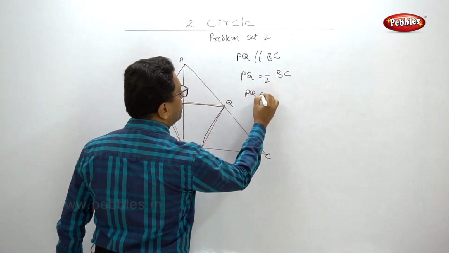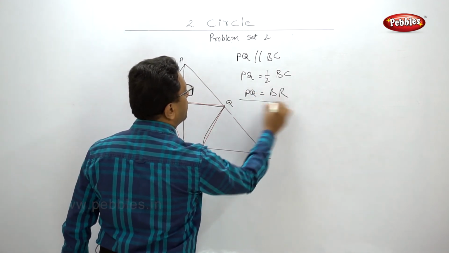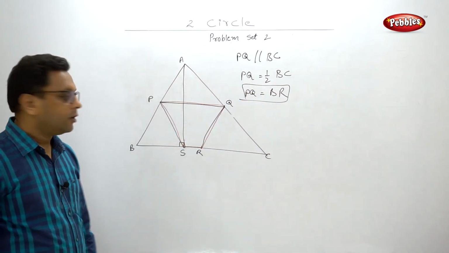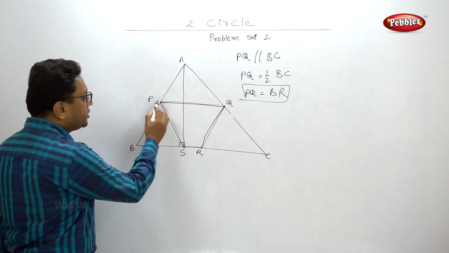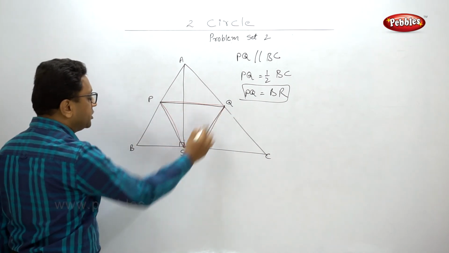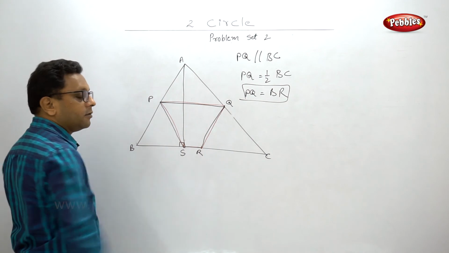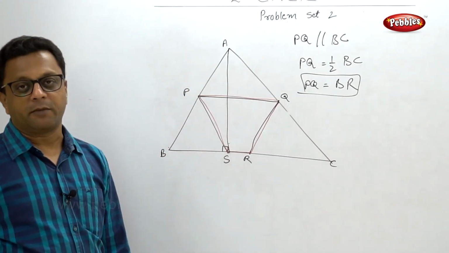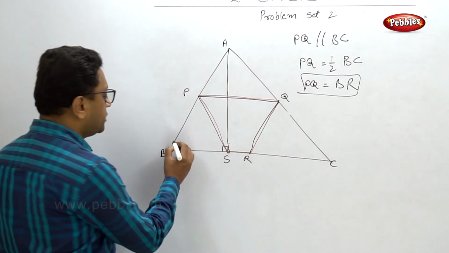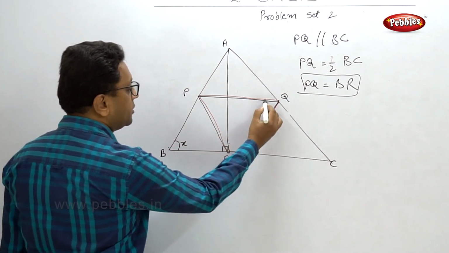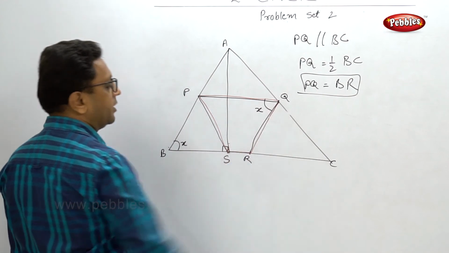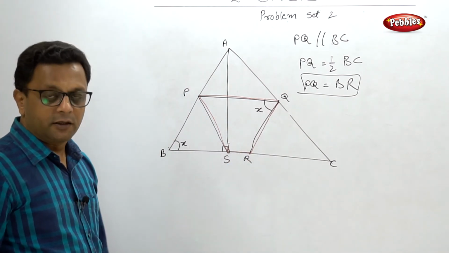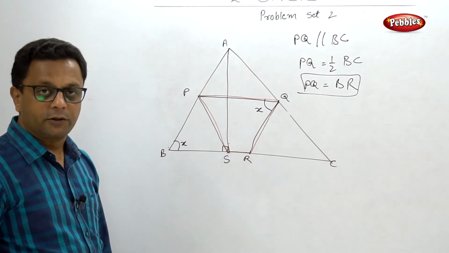So we have PQ is equal to BR. Now this is a parallelogram, opposite sides are parallel. PQRB has become a parallelogram now, correct? And hence this angle x is equal to this angle x. Correct? Opposite angles of the parallelogram are congruent.